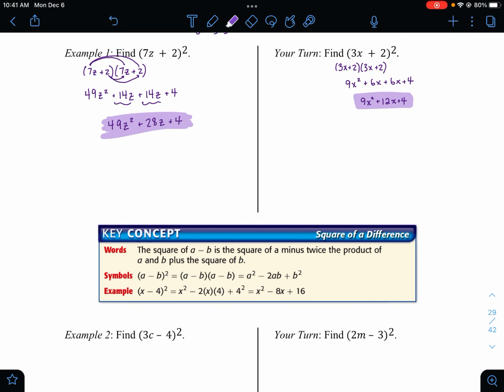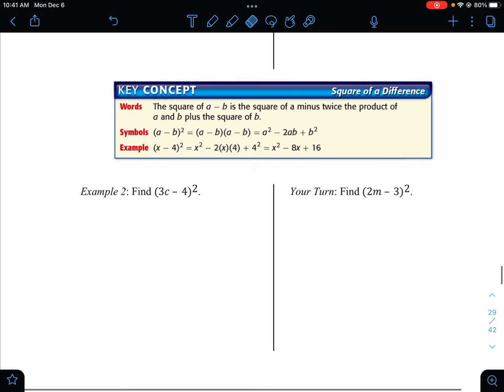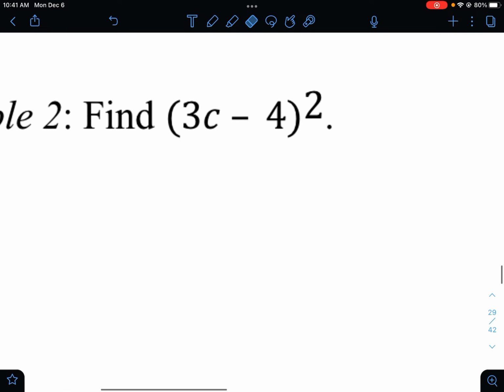Okay, now difference of squares. Notice it's the same exact thing except there is a subtraction symbol in between. The only difference is now I have a subtraction symbol in front of my 2ab. Okay, again, FOIL like normal. No need to sit and memorize something else. If you do, like I said, it just saves you some time.